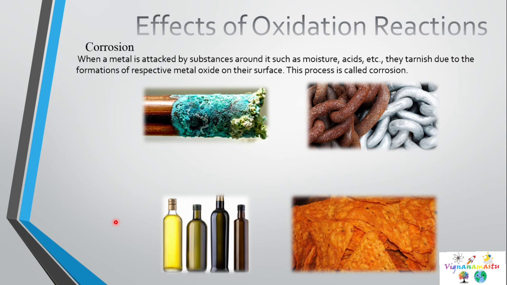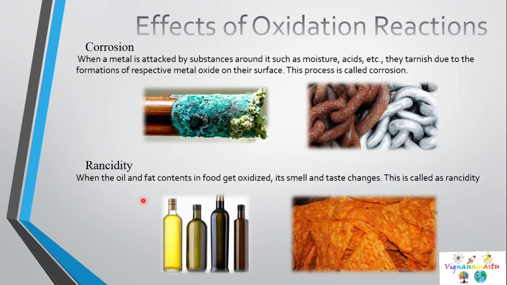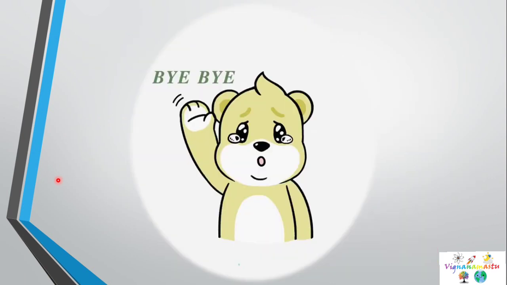This happens because the fats and oil content in food get oxidized, and that is called rancidity. To avoid this, they put antioxidants in food or oil. And also to avoid corrosion, we paint them, we put oil on them, right? So rancidity and corrosion are some of the effects of oxidation reactions.